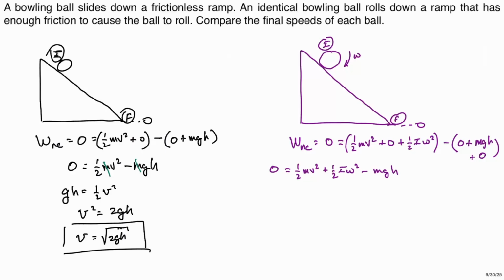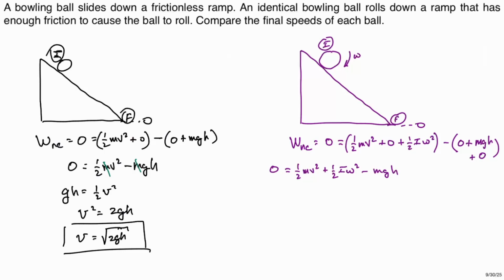Have you already forgotten Google Translate? What's our Google Translate to get between v's and omegas? v equals R omega, isn't it? When we did rolling motion last chapter, I said whatever the center of mass speed is, whatever the v is of the wheel, we can find the rotational speed using v equals R omega.